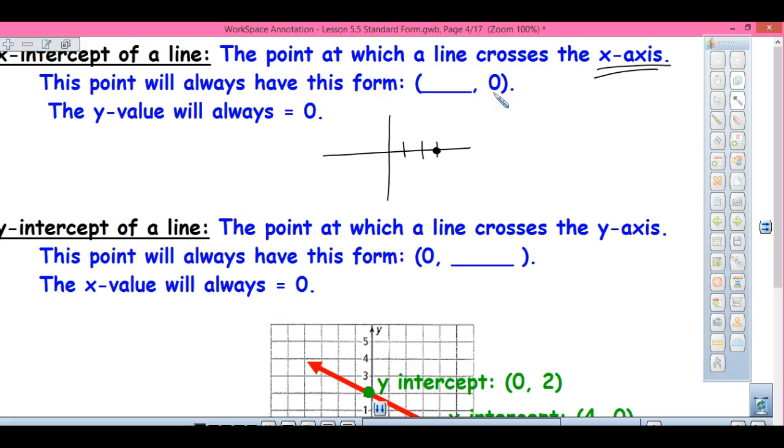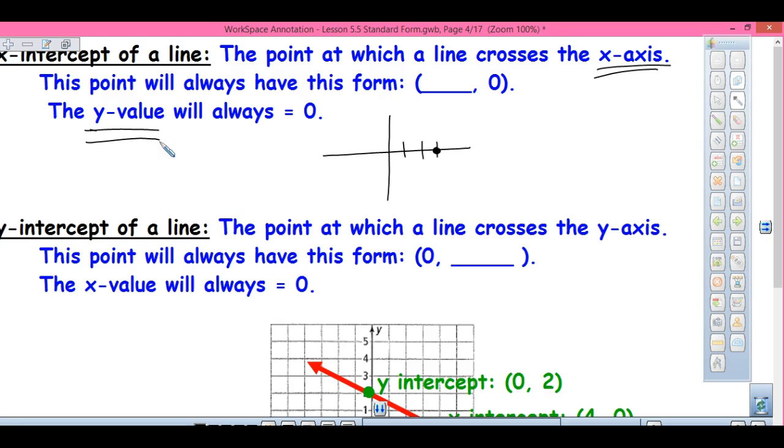The y is always 0. So it's always the opposite. In the x-intercept, y is going to be 0. That's super important because that's how we figure out how to find our x-intercept. The opposite is true for the y-intercept.